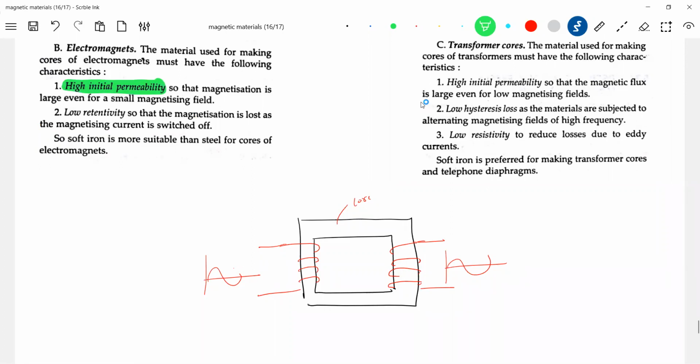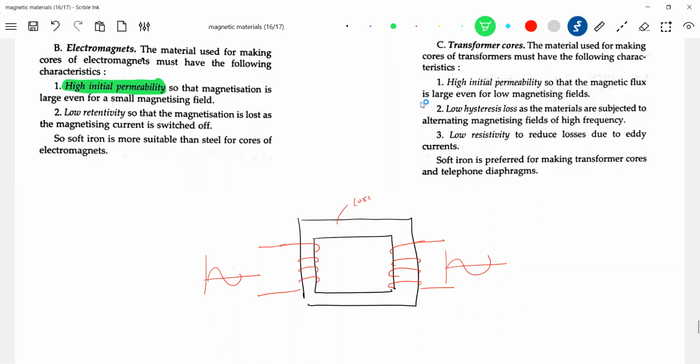Based on this, the electromagnets are picked. Okay, I'll change it. So this should be given priority for an electromagnet. Anyway, for retentivity we will again go for iron, though it's a steel, no? Compared to steel, it has high permeability.